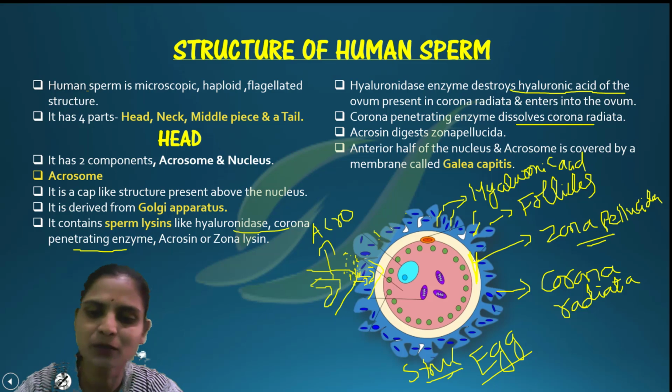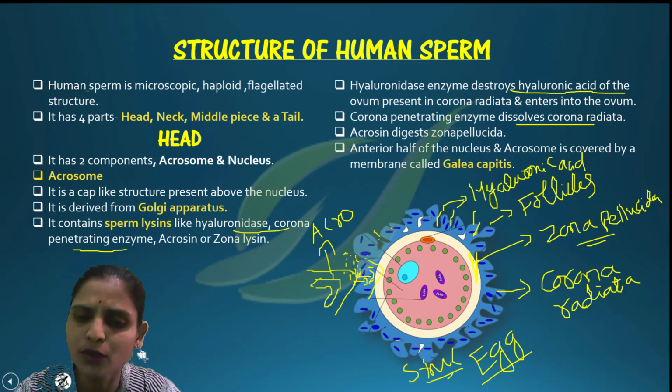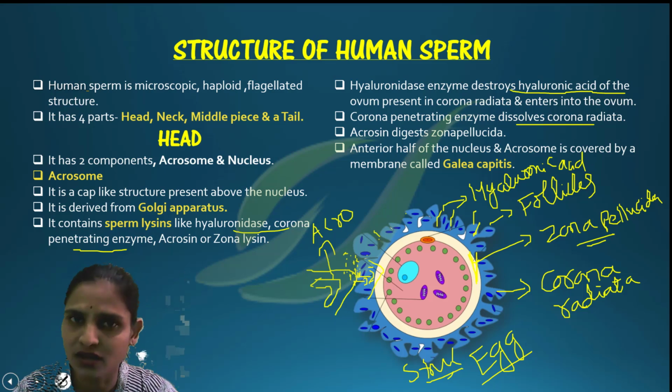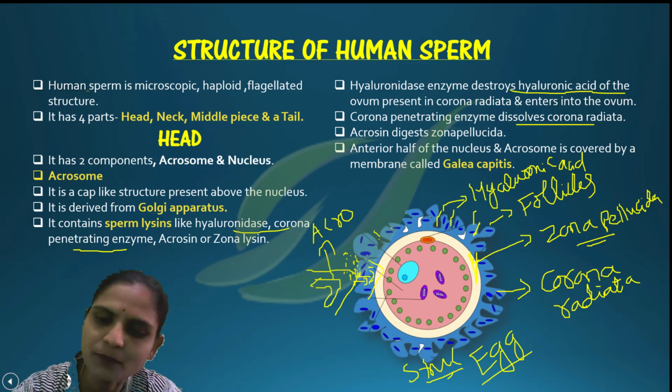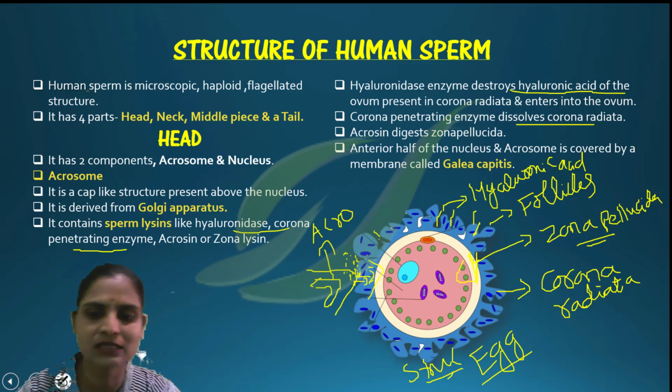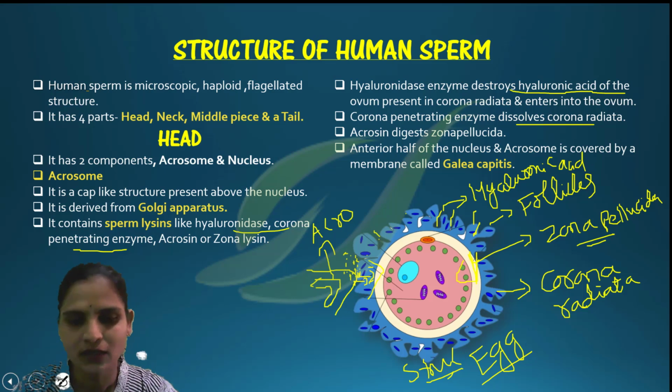Wherever the sperm is entering, at that particular region the corona radiata and zona pellucida degenerate, so that the sperm can enter the ovum easily. Hence, the acrosome enzymes called sperm lysins help the sperm in penetrating into the ovum.